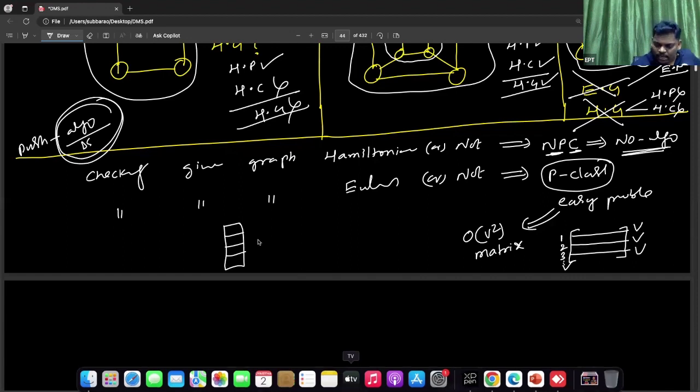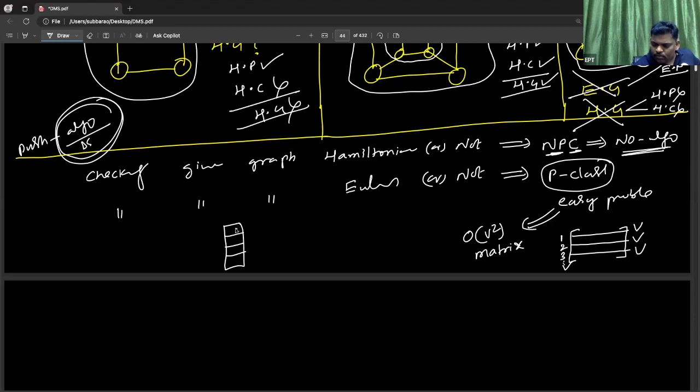Now see this one, see correctly. Adjacency list: for vertex 1, whoever is adjacent, all are there in the form of a linked list. In the form of a linked list, they will be available. The linked list nodes are edges.